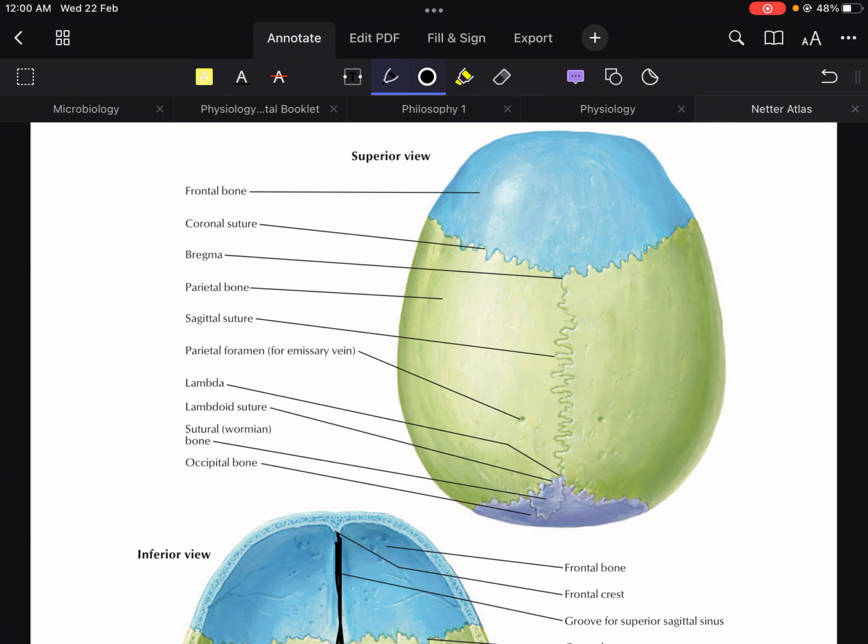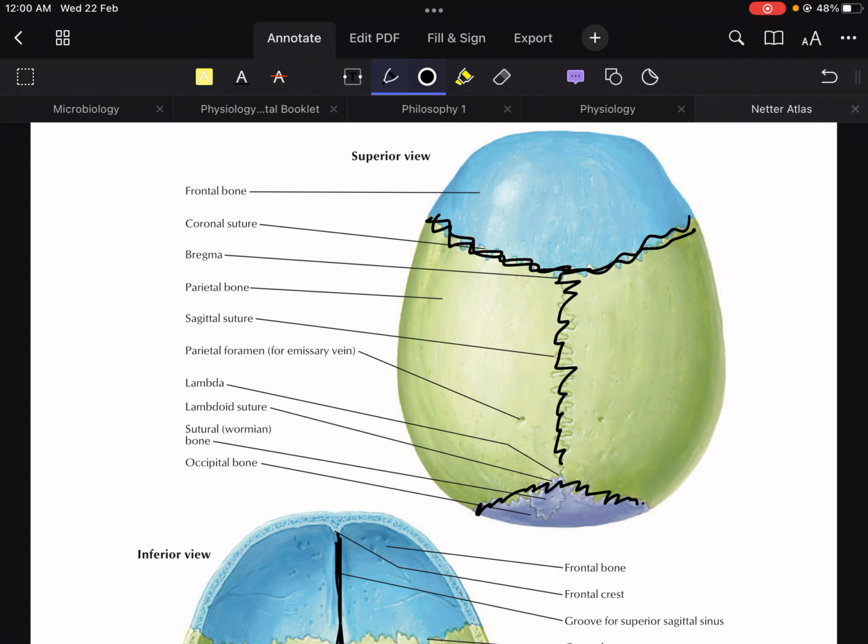For example, the frontal bone, this blue one, is separated from the parietal bone with the help of this suture. What's the name of this suture? It's the coronal suture. And between the two parts of the parietal bone, we have another suture, the sagittal suture. And from the parietal to the occipital, we have another suture, the lambdoid suture.